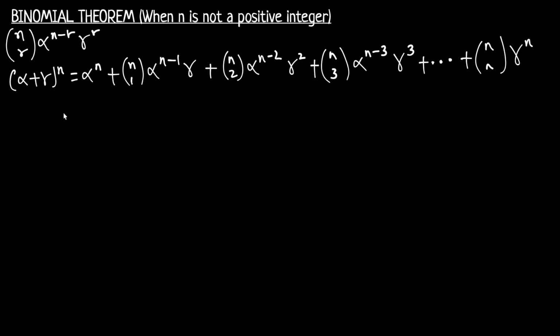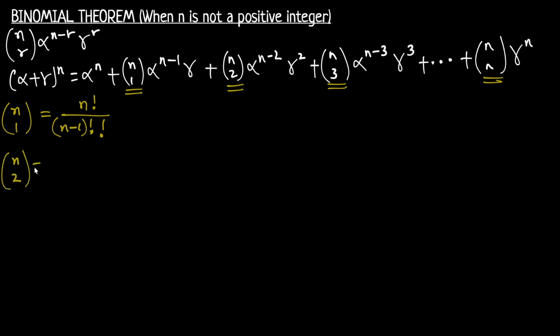So if we take each of the combinations that we have in the series and try to simplify them, n combination 1 is going to be n factorial over n minus 1 factorial 1 factorial. N combination 2 is going to be n factorial over n minus 2 factorial 2 factorial.